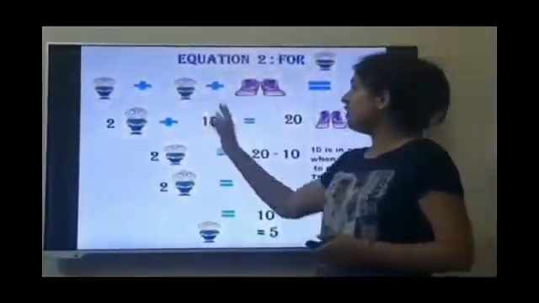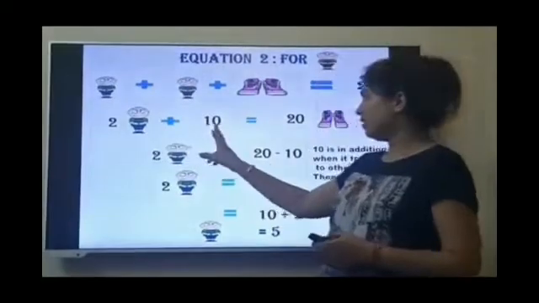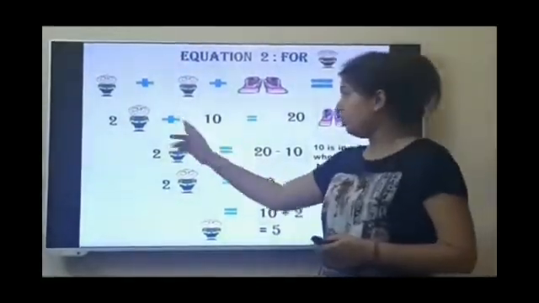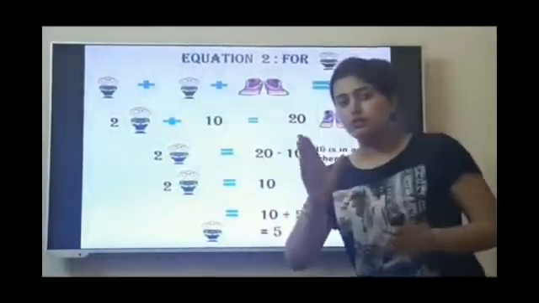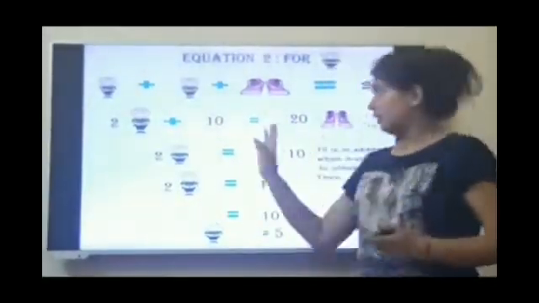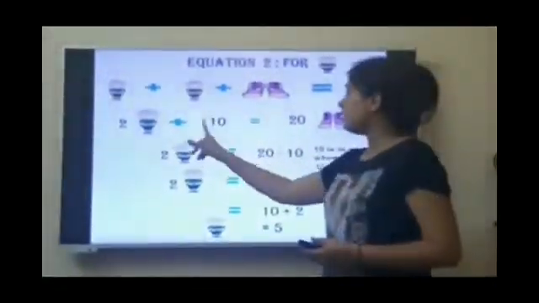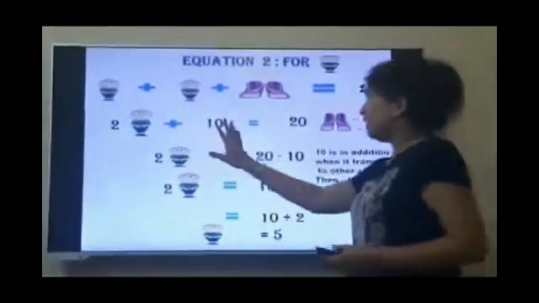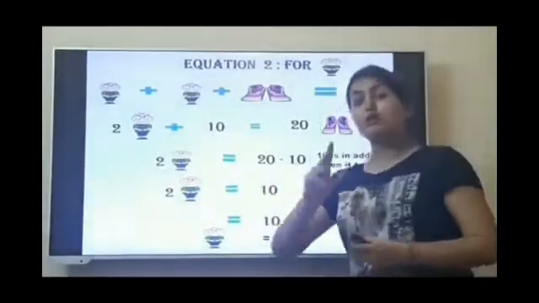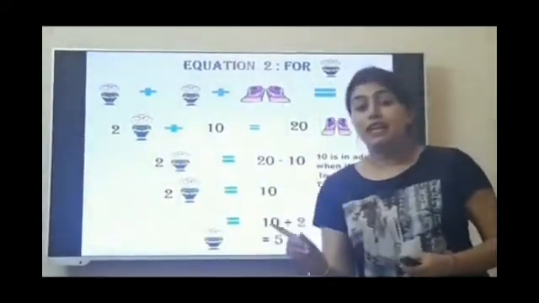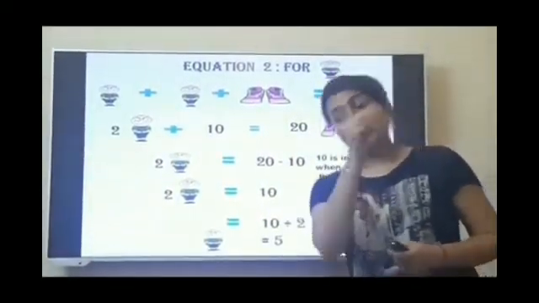Now, I can see that this boy is along with number 10 and along with number 2. So firstly, I have to transfer the number to the other side like this. Now, here I can see the number 10 is in plus. So when I transfer it to the other side, it will be in minus according to that concept.